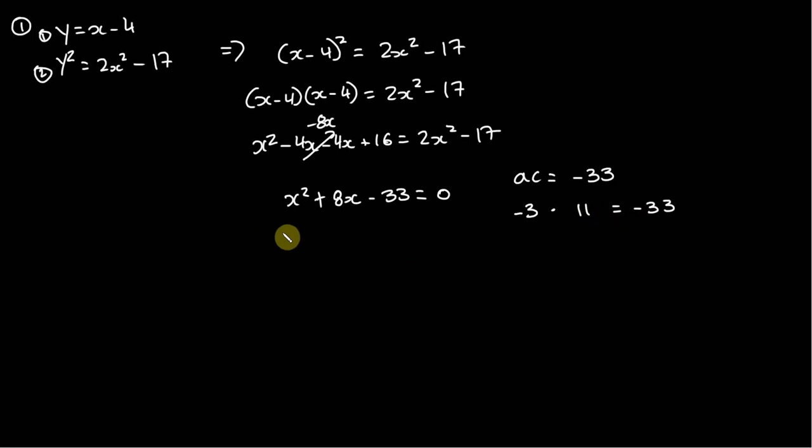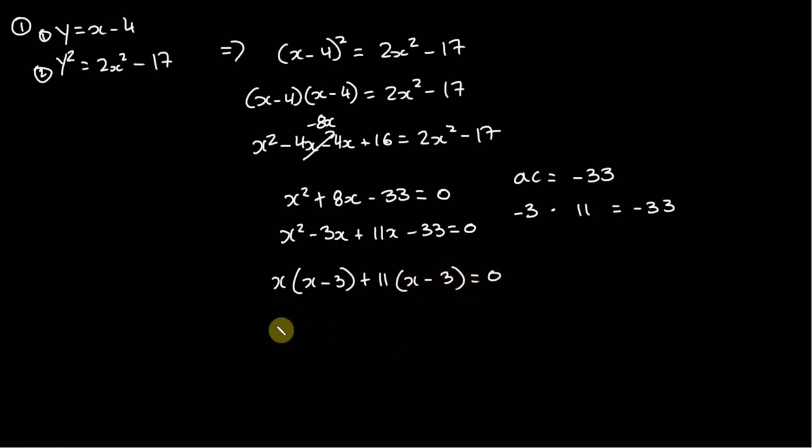So we've got our two factors, and we'll rewrite this as x squared minus 3x plus 11x minus 33, all set equal to 0. Now we can factor out an x from the first pair, so it's x minus 3, and we can factor out an 11 from the second pair, and so we're left with x minus 3.